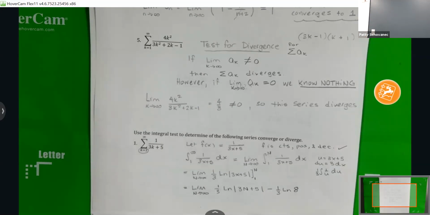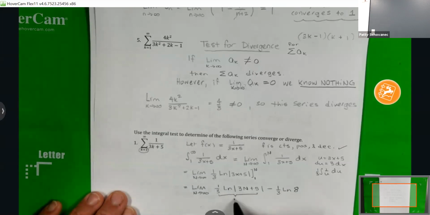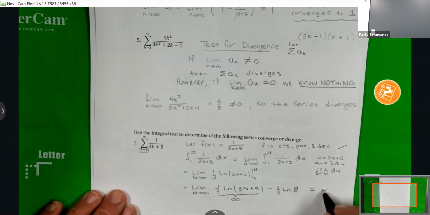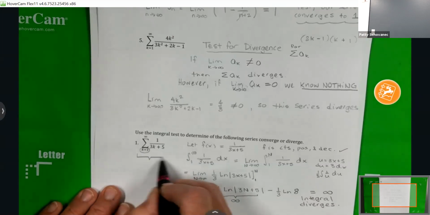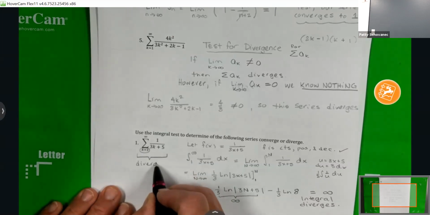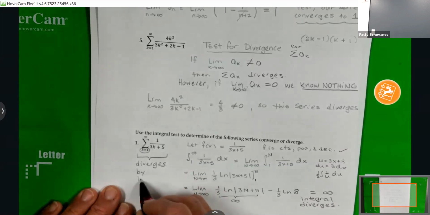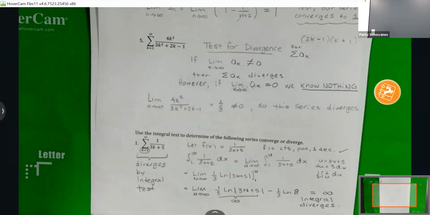The logarithm's a growing function. So as n goes to infinity, the natural log of n goes to infinity. So this becomes infinitely large right here. Taking away the natural log of 8 is not going to do much good, but this integral diverges. That means the series diverges. The series does what the integral does.